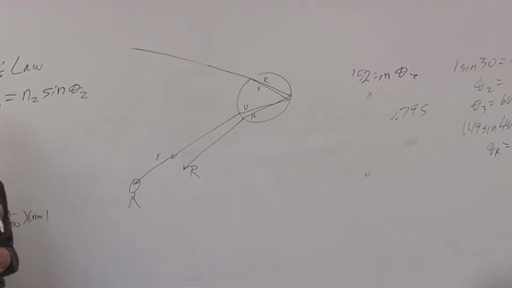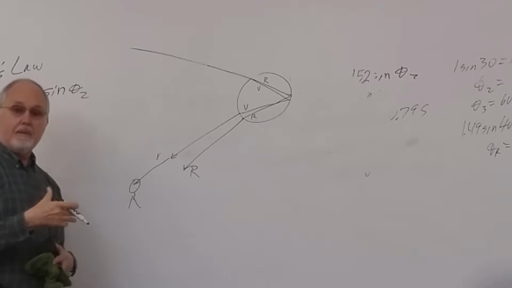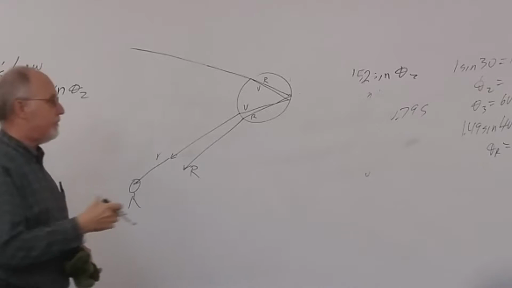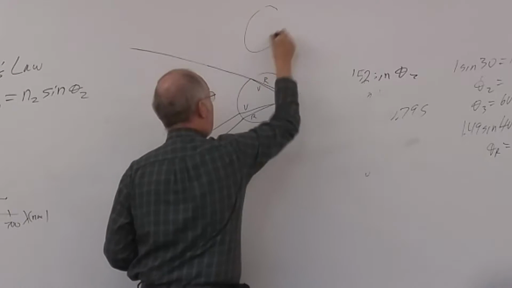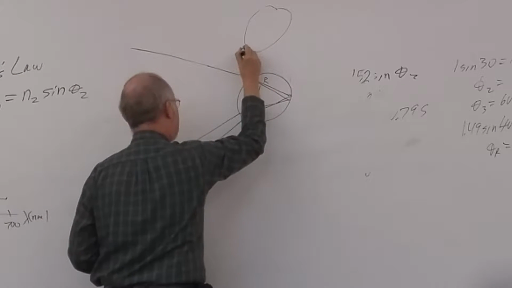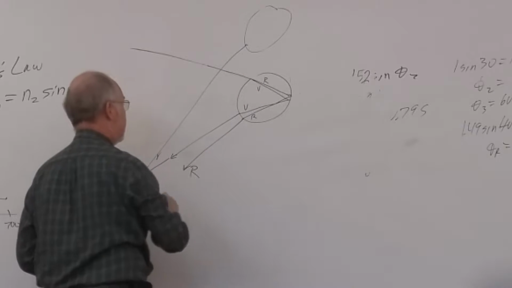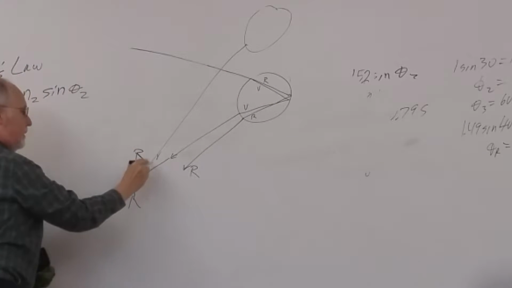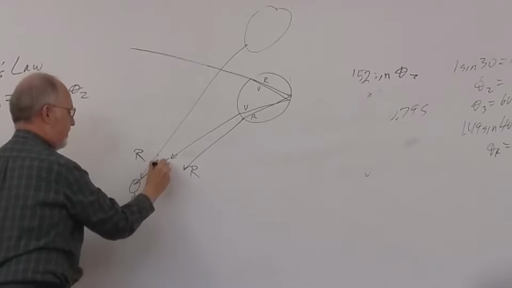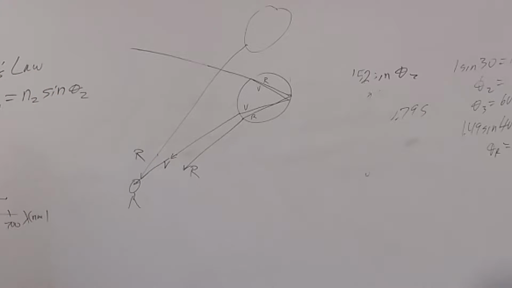You can't see that, not from the same raindrop. Where you're seeing the red come from are raindrops that are now higher. So you see the violet coming from a lower set of raindrops. You see the red end of the rainbow coming from the higher raindrops.